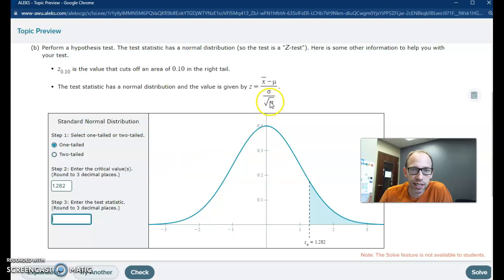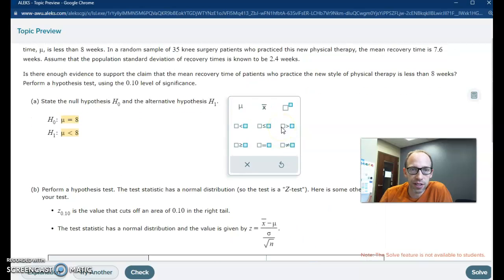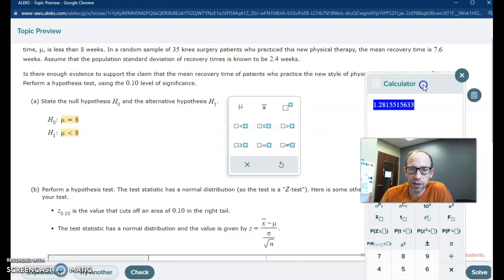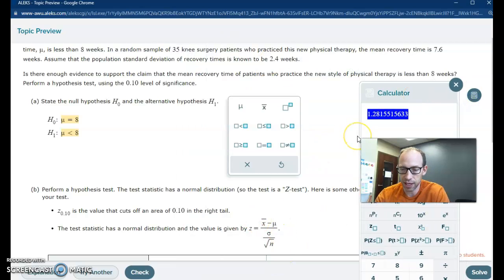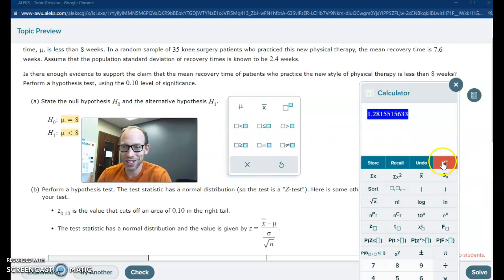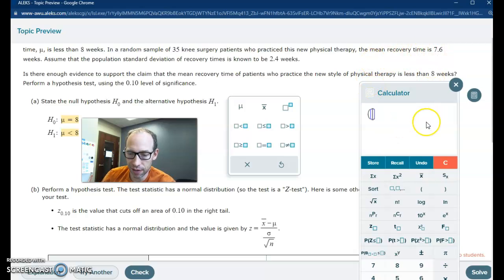Okay, so the test statistic, we're going to have to calculate this. So let's grab our calculator. Okay, so we have a fraction, really, but I'll just do it like this. So our sample mean was 7.6 minus our null hypothesis mean, which we can see right there is 8.